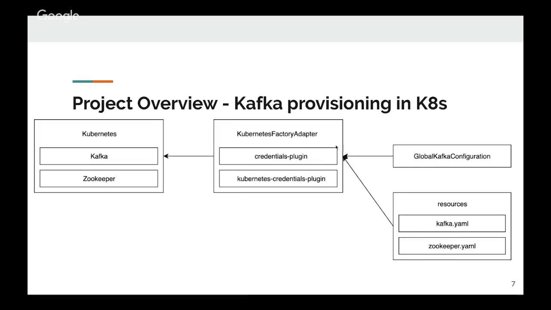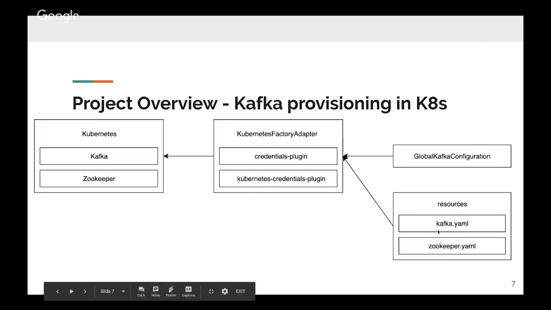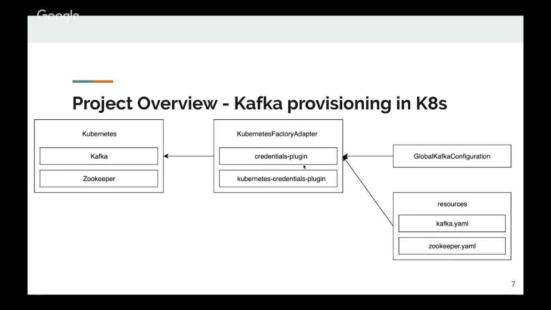When the user presses the button, it will instantiate a Kubernetes factory adapter and use the YAML spec file from resources. Then the Kubernetes factory adapter will pass the credential to create a Kubernetes client and then start Kafka and Zookeeper on Kubernetes.